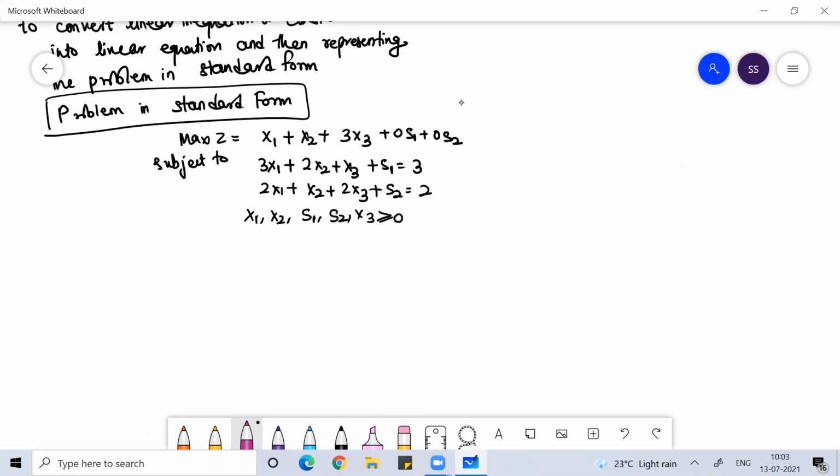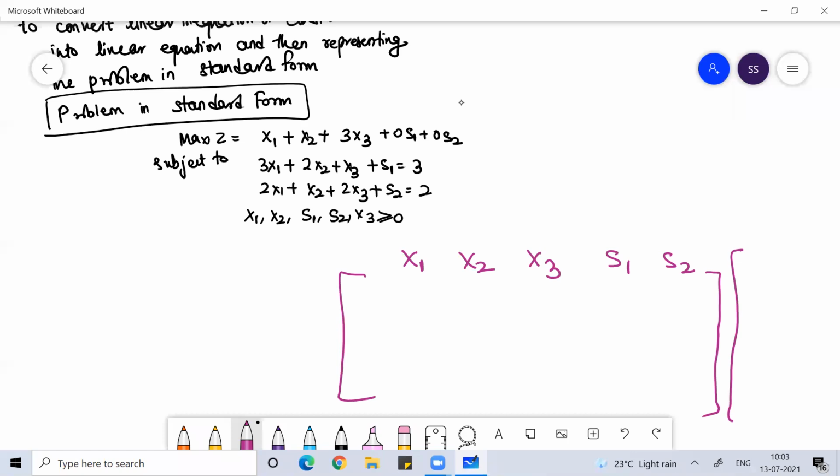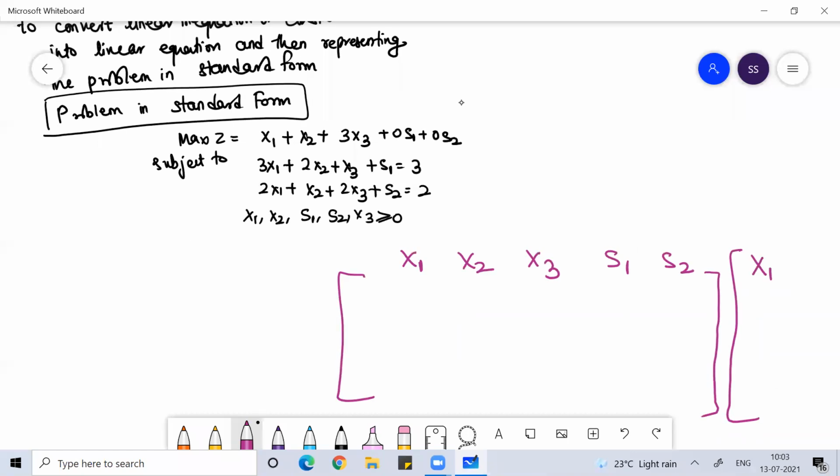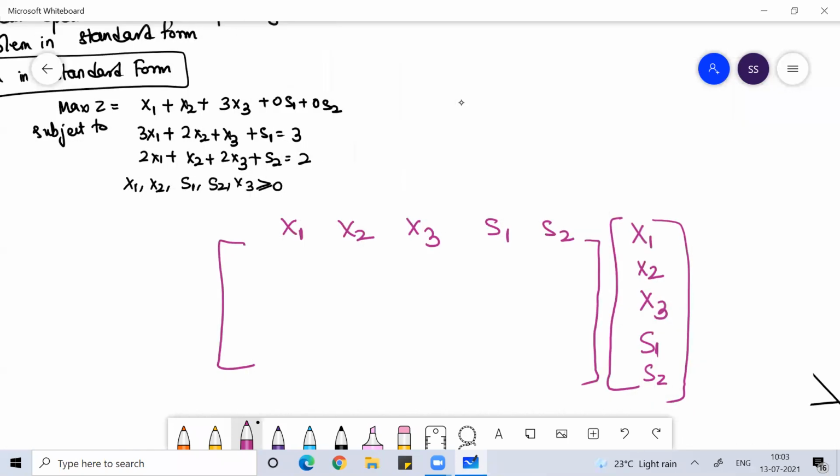We can write this as x1, x2, x3, s1, s2, and then this is equal to 3, 2.